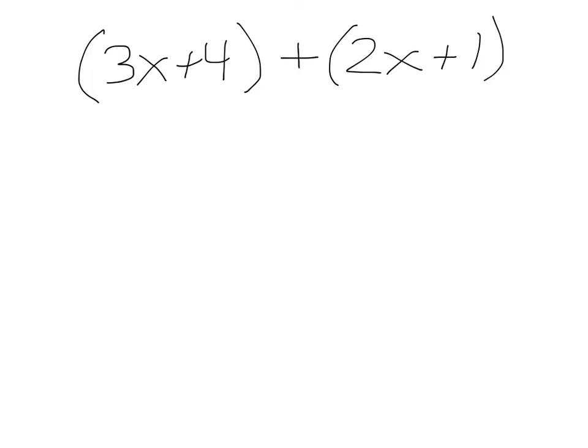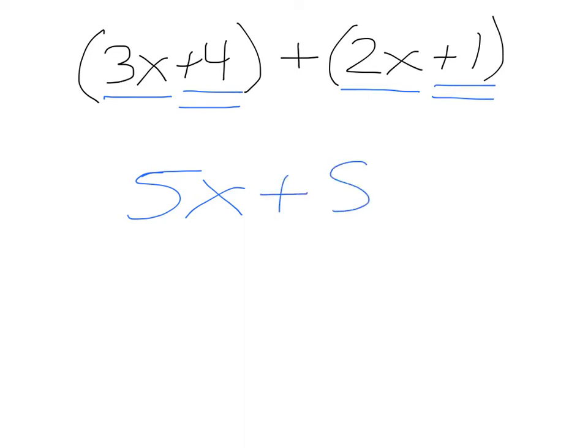So in this case, I see a 3x and I see a 2x, and if I want to add 3x and 2x together, 3x and 2x is 5x. I then have 4 and 1, because those are like terms, and I get plus 5. So what I end up with is 5x plus 5.